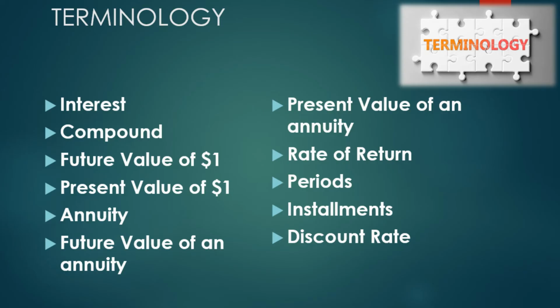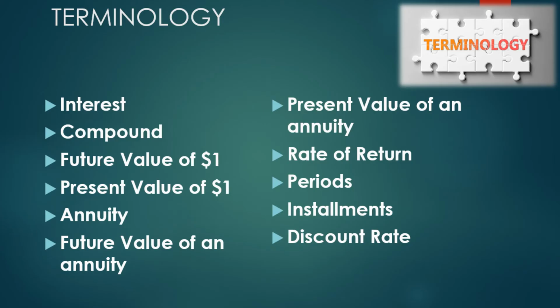We're discounting it back to today's dollars, the equivalent of today's dollars. So we refer to the term discount rate, or a reduction in that value based on the passage of time, comparing the future to the present. Again, another concept that's kind of hard to grasp.